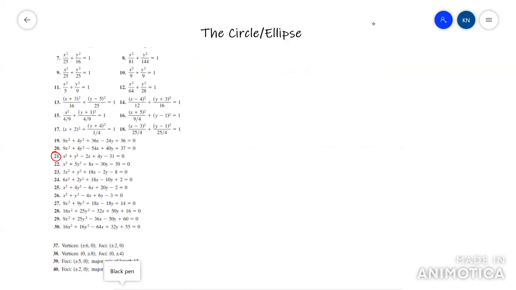So here we go. I'm going to go ahead and group them. I'm going to double complete the square. I'm going to combine like terms and move stuff to the other side.